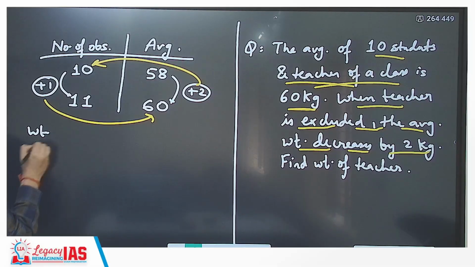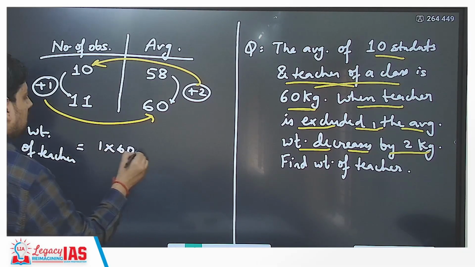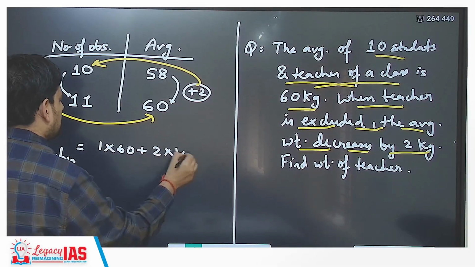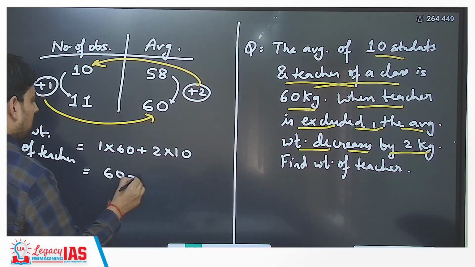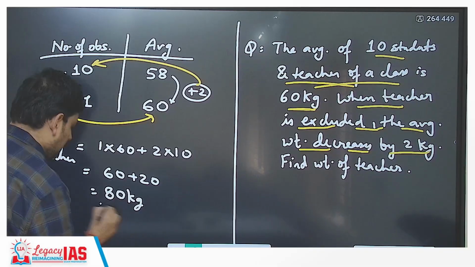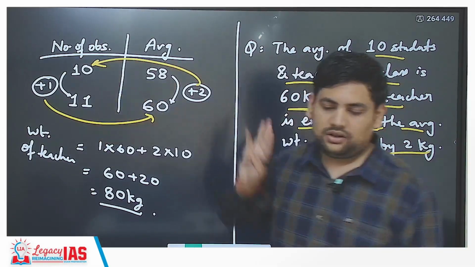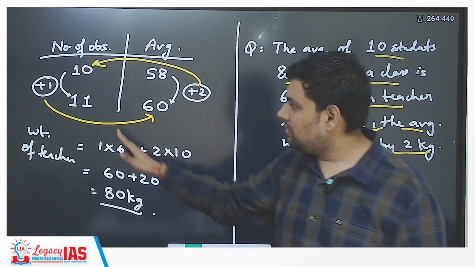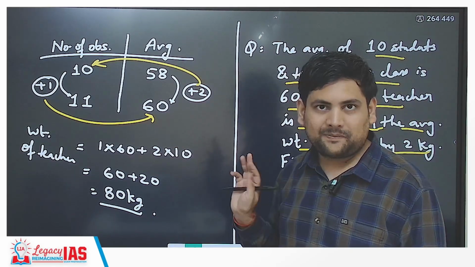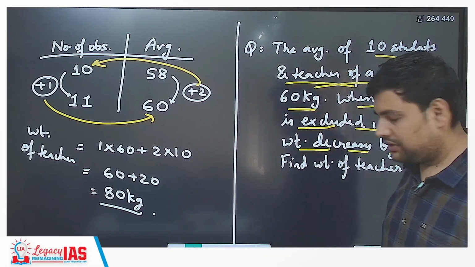So the weight of the teacher becomes 1 into 60 plus 2 into 10. This comes out to be 60 plus 20, that is 80 kg. Simple. Understood? Always this should be in ascending order, and then you can follow the same process. Done? Okay, now let's do another question.